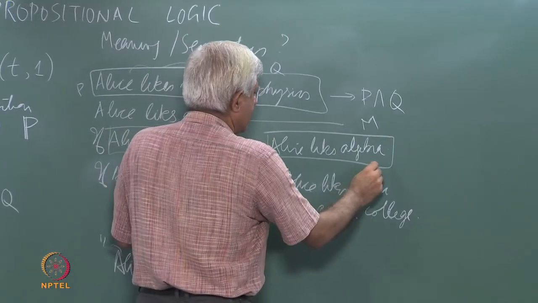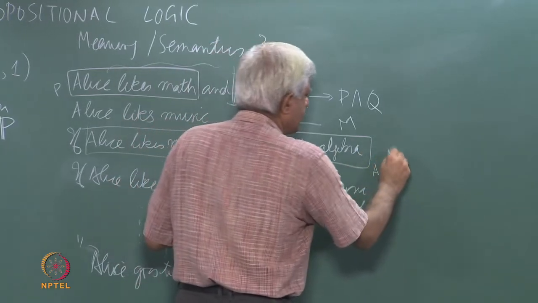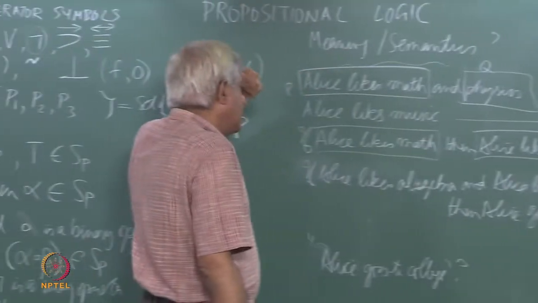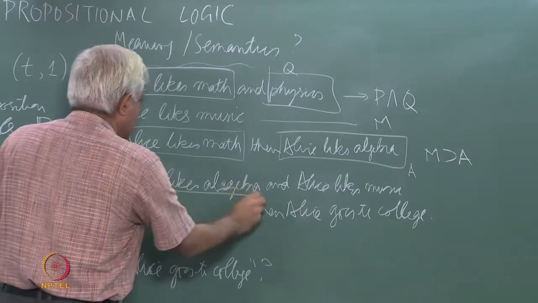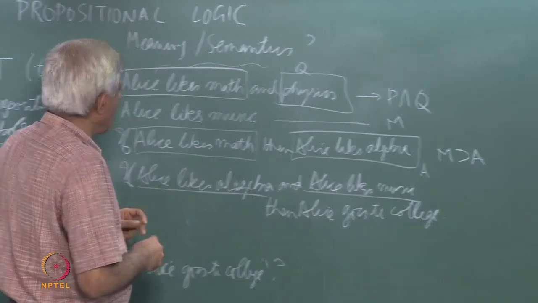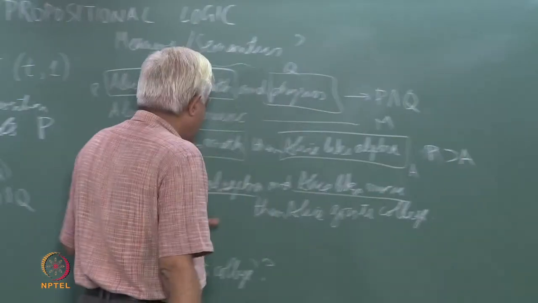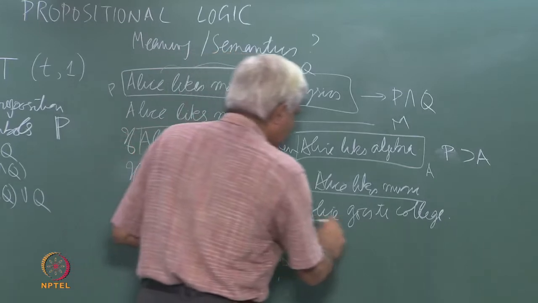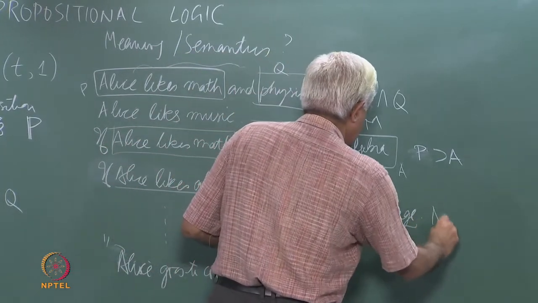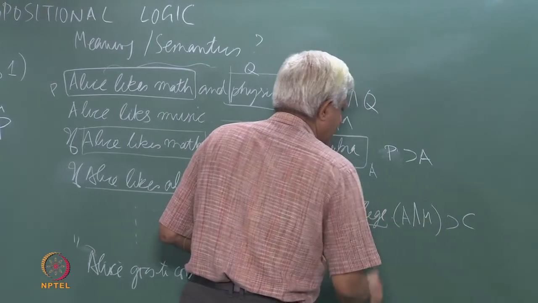So, this sentence I can call as A, let us say, and this whole sentence I will represent as M implies A, and this sentence says Alice likes algebra, Alice likes music, P implies A. If Alice likes music and then Alice goes to college, so this let us call it C. So, this sentence I can write as A and M implies C.